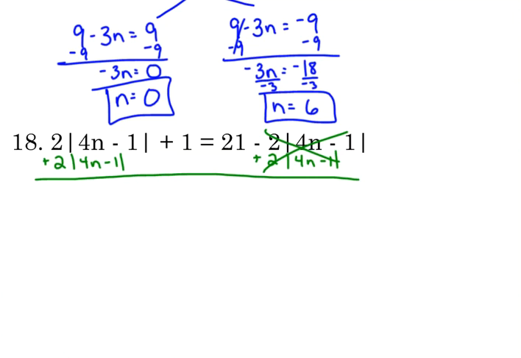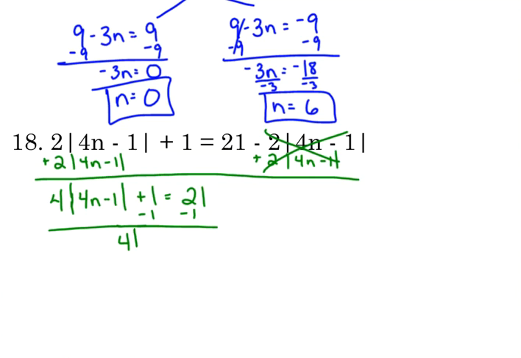We had 2, and then we added 2 more, so now we have 4 of these absolute value expressions on the left side. And on the right side, we've got the 21 left. Again, we're right back in that same boat where we started this lesson. Subtract 1. I want that absolute value by itself. Divide by 4.